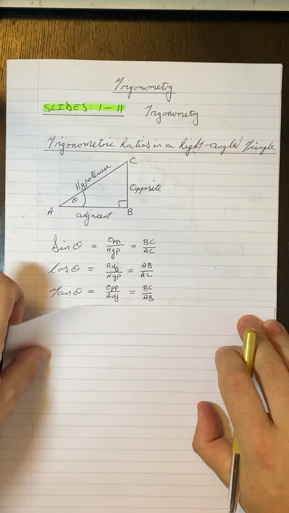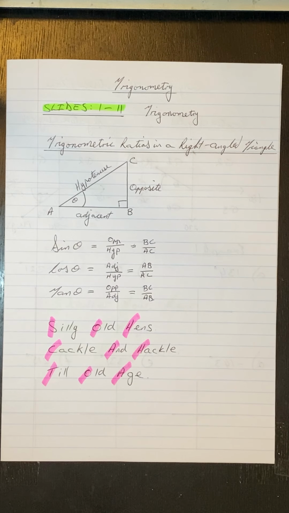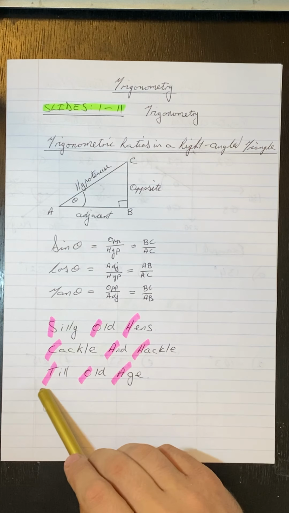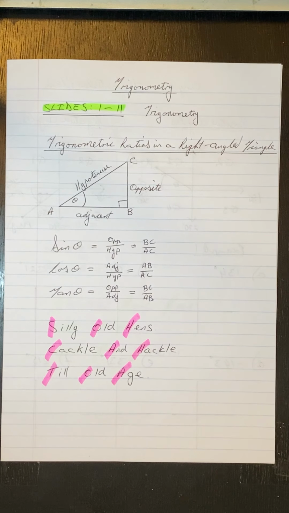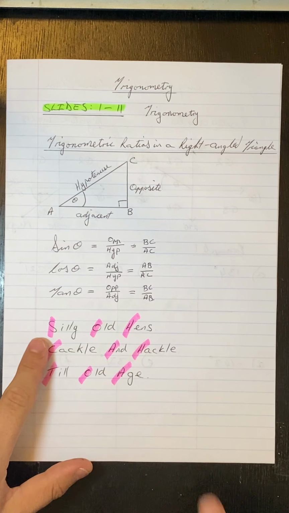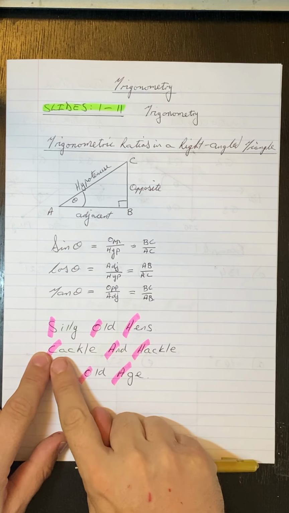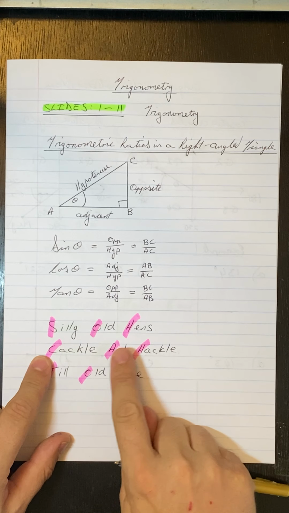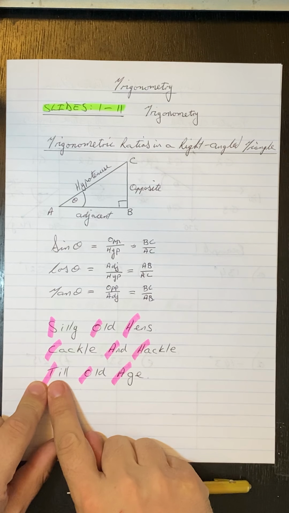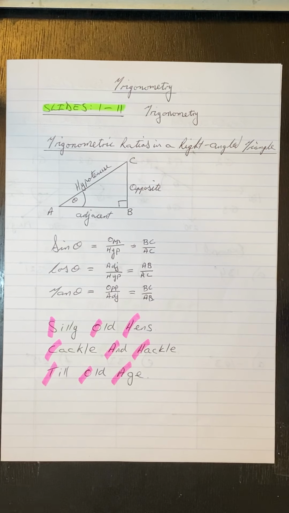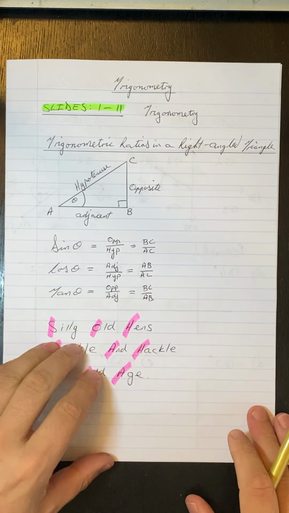There's a little silly rhyme that you can remember, and it goes, silly old hens cackle and hackle till old age. So you can see that sine will be opposite over hypotenuse. Cos will be adjacent over hypotenuse, and tan will be opposite over adjacent. So it's just an easy way to remember what these things are.